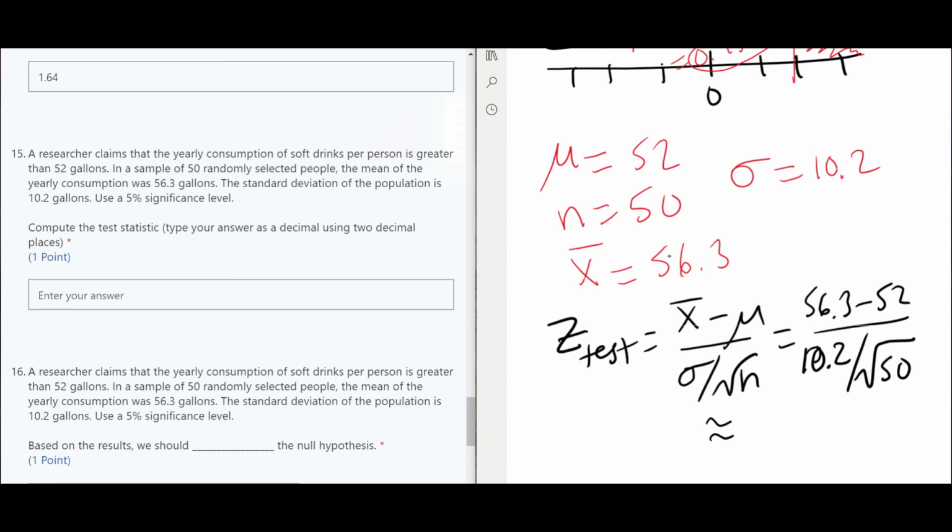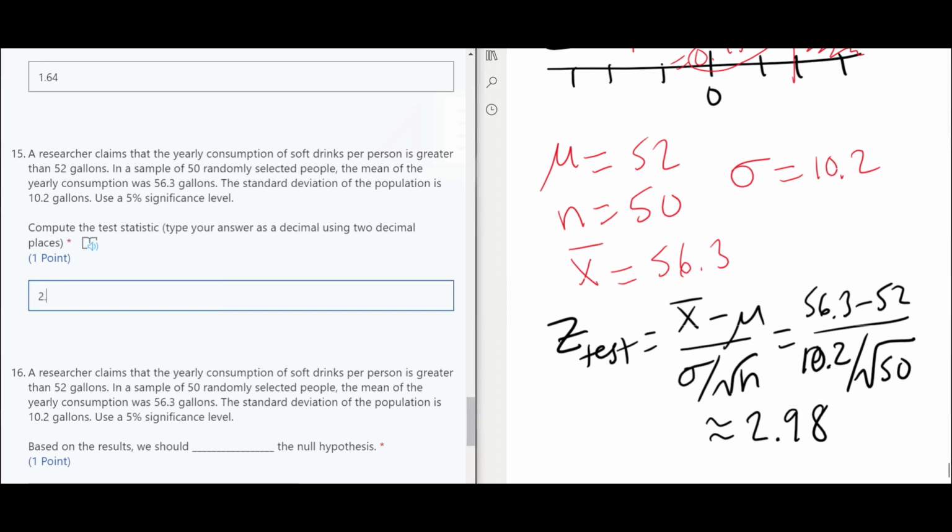All right, so we're going to go ahead and put this on the calculator, per usual. So we get about 2.98 for my test statistic. So my test stat is 2.98 to 2 decimals.